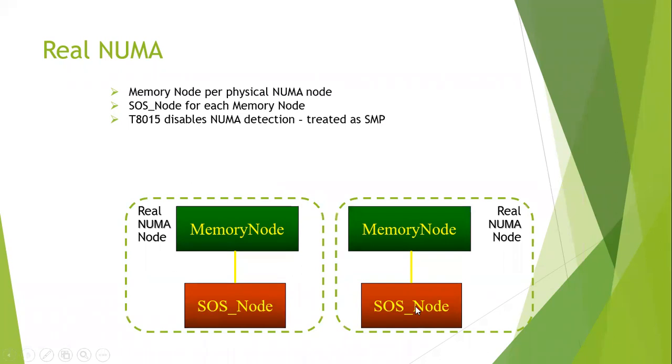So as we know, CPUs and schedulers, how they are aligned with each other, right? So CPUs are at the physical layer, whereas, don't worry about the trace flags, you can ignore that. This is not needed, so if you don't want to use NUMA detection, we can disable it using these trace flags.